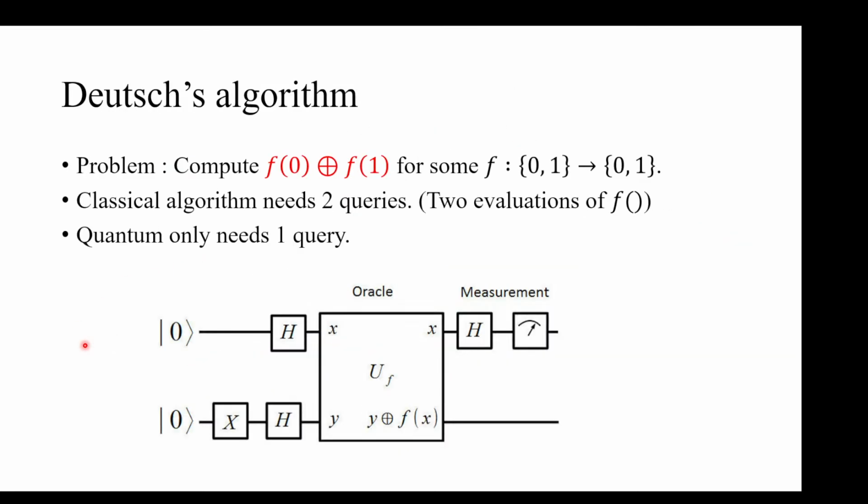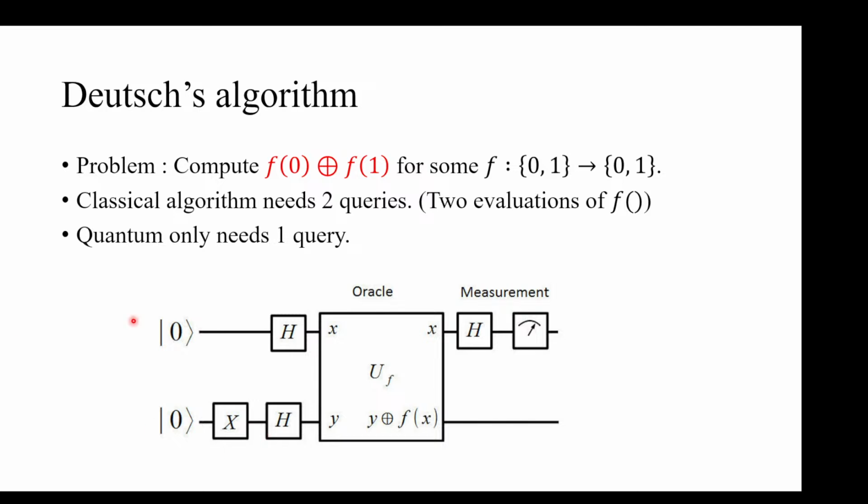But what we can get is the XOR of f0 and f1 faster than a classical computer. That brings us to Deutsch's algorithm, the simplest quantum algorithm that has a quantum speedup. The quantum speedup is described in this oracle model.